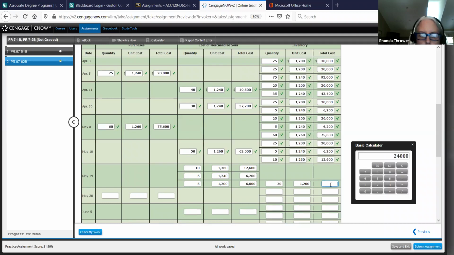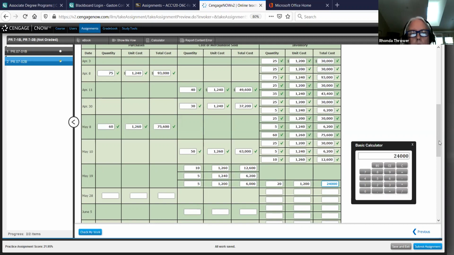So you have 24,000 in your ending inventory as of May the 19th. So in this case, we liquidated 2 of the layers completely, and then the third layer, we had part of it left at 20 units left in ending inventory.